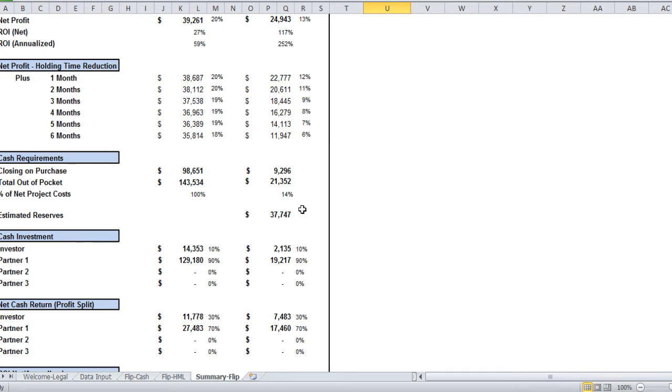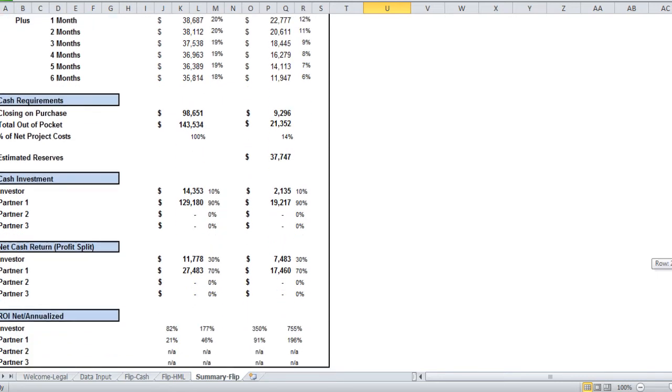And then again, if you're doing a hard money loan, you're going to have estimated reserves of $37,747. Now again, the difference between these two numbers is reserve is money that you have to have available to cover your out-of-pocket, plus money that you have to put out on the project as you're doing it to pay your contractors or other vendors until you're reimbursed by your hard money lender.